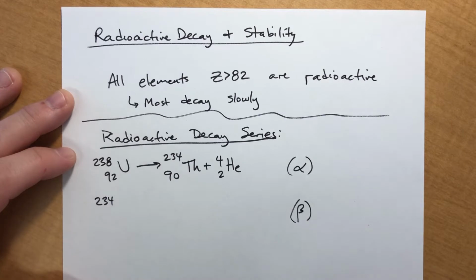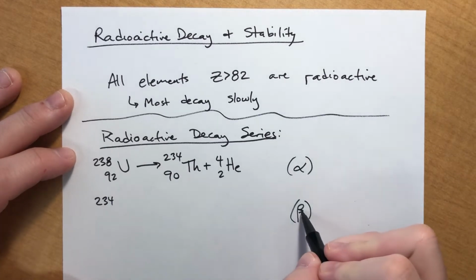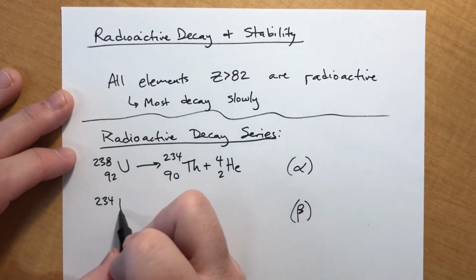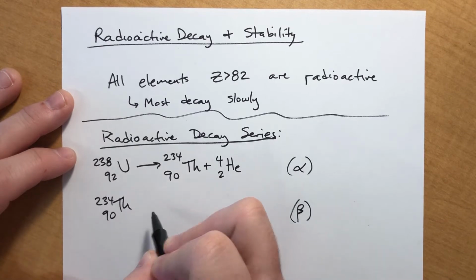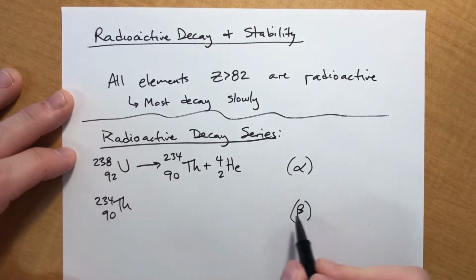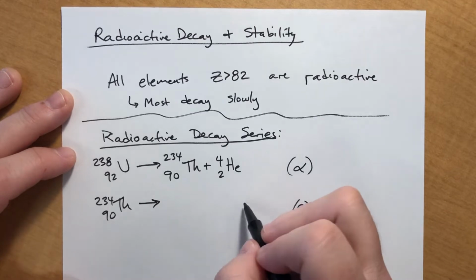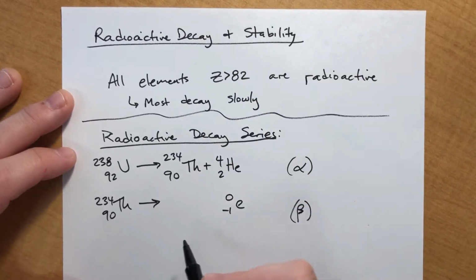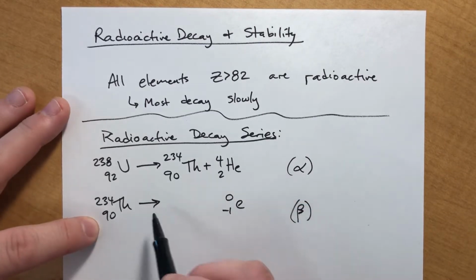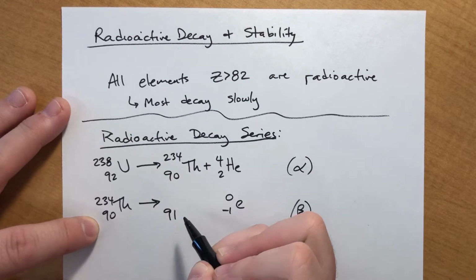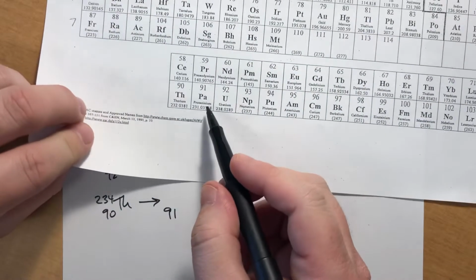It turns out that alpha and beta particles are the most likely targets on this. The other options are possible, but they're the most likely. So this thing will undergo a beta particle emission. And so for this to work, this would have to be a 91, which is element 91, which is protactinium.